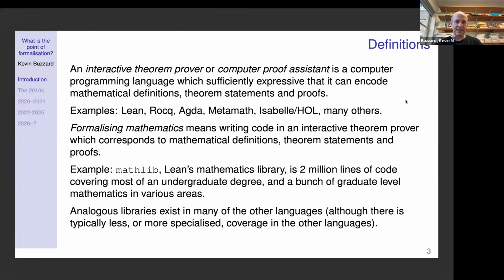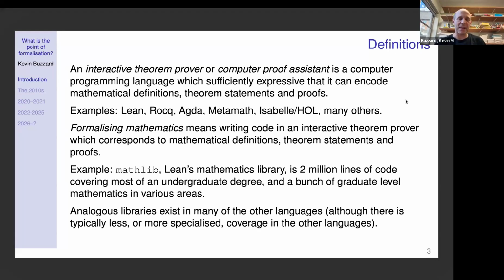In some sense, this is the jewel in Lean's crown, even though some of Lean's users are not particularly fond of that. It probably is true. But analogous mathematics libraries exist in many or all of the other languages. The big difference is that these things are typically either more specialized, or there's less mathematics there, or they're much more focused.